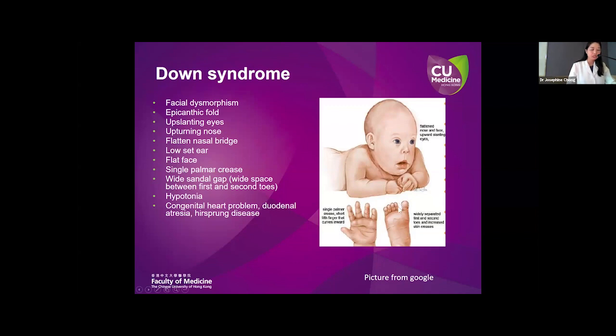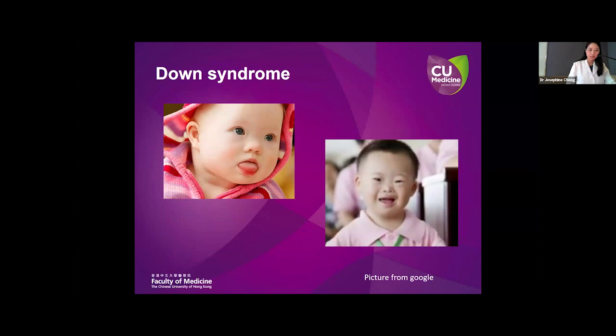And some of the patients, even if they have a false negative NIPT, some of them could already present with abnormal congenital structural heart problems, which could be identified by the antenatal structural ultrasounds. And some of the patients present at birth with duodenal atresia and also Hirschsprung disease, which sometimes is difficult to identify during the antenatal period.